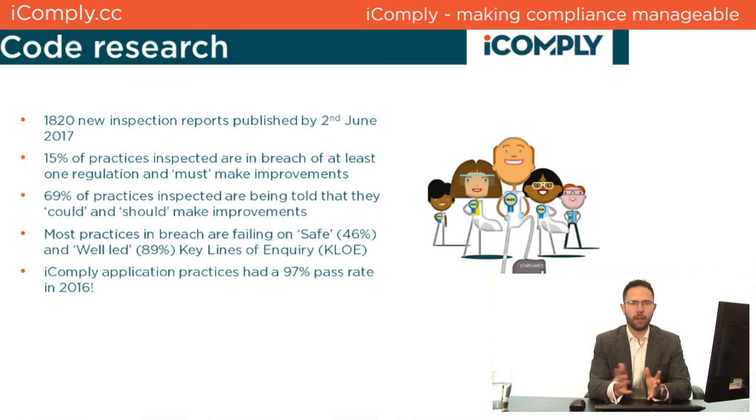What we've seen from that is 15% of practices over that time period who have been inspected are in breach of at least one regulation. They've failed their inspection and they must make improvements. And 69% of practices, which is quite a high number, are being told that they could and should make improvements. They haven't failed, but they've been told that they need to do a little bit more in certain areas.